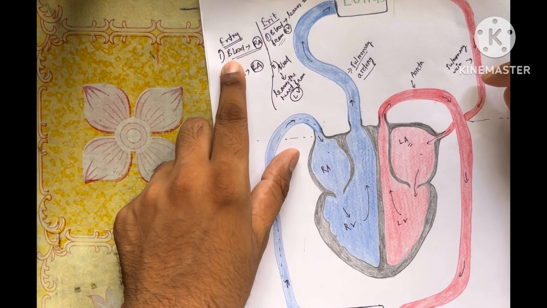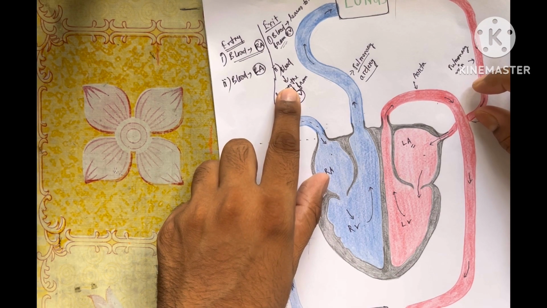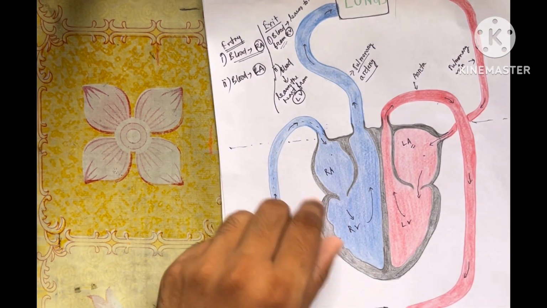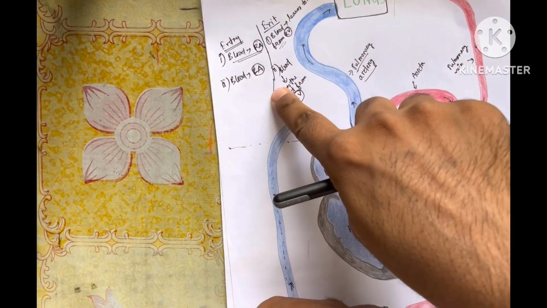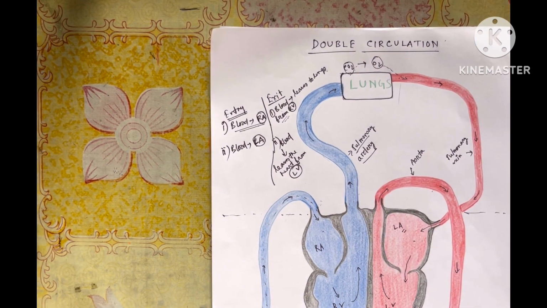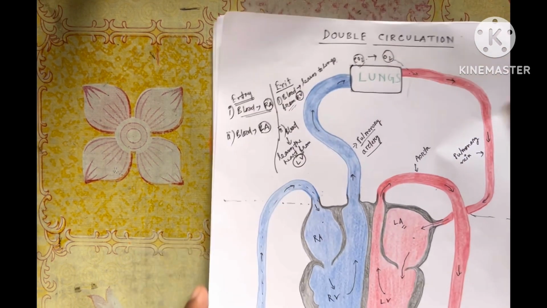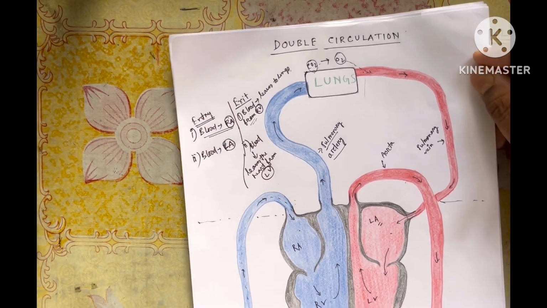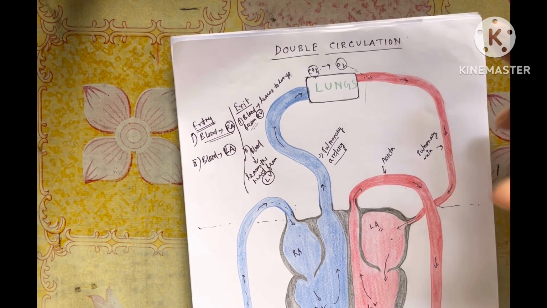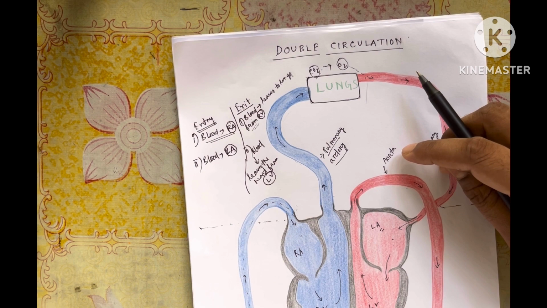So this is the 1st entry, 1st exit, 2nd entry, 2nd exit. Means double level things are going on. As it is double, that's why it is called double circulation. So double circulation is nothing but that entry and exit of blood to our heart 2 times before it again goes back to our organs.